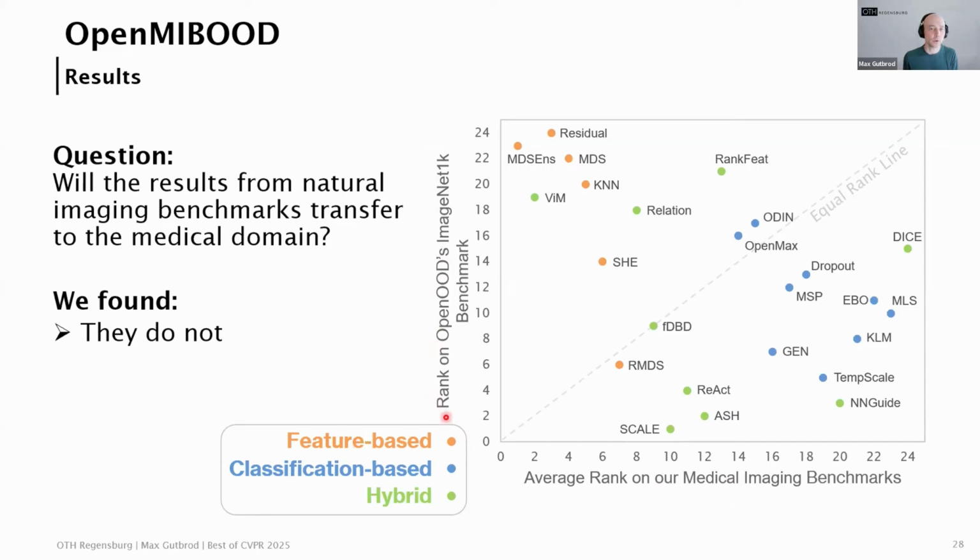Ideally, we would like to have a method that is robust and lies in this lower left corner, so ideally rank 1 for both domains. But what we see are 2 clusters: the feature-based methods that occupy the first ranks on the medical benchmarks, and the classification and hybrid methods that perform way better on the natural images.